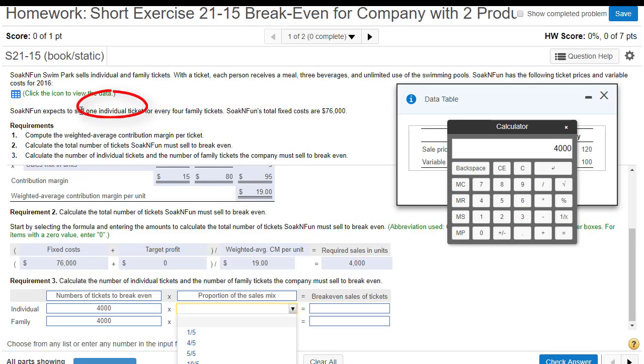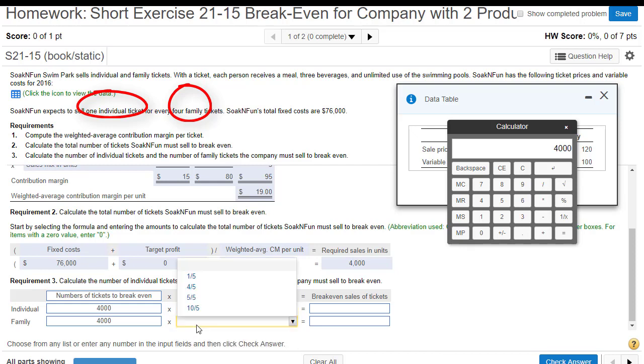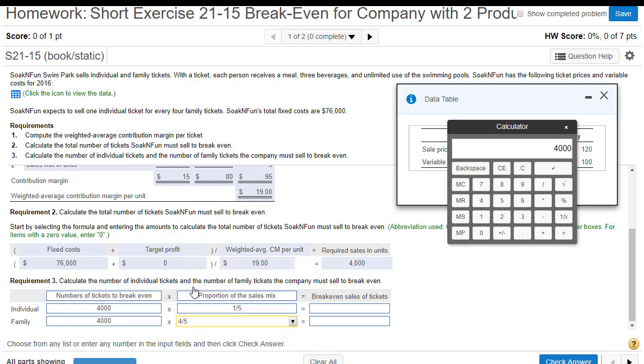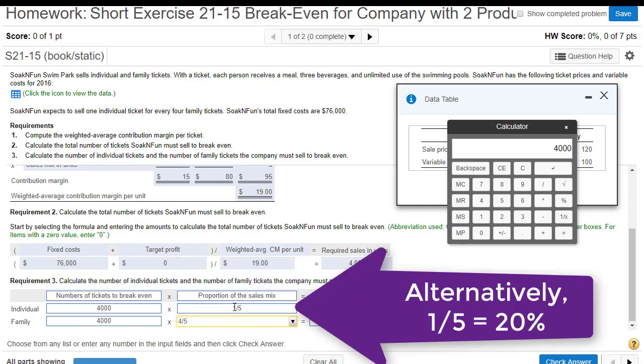Remember, up here it says they sell one individual ticket for every 4 family. So out of every 5 tickets, 4 plus 1, one of them is an individual ticket. And out of every 5, 4 of them are family tickets. Instead of multiplying by 1/5, which turns out to be 20%, we could just take 4,000 times 20%.